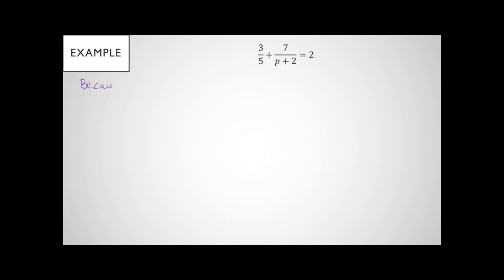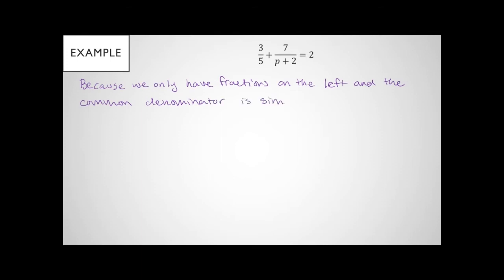So because we only have fractions on the left, and the common denominator is simple to get, use the proportion method.